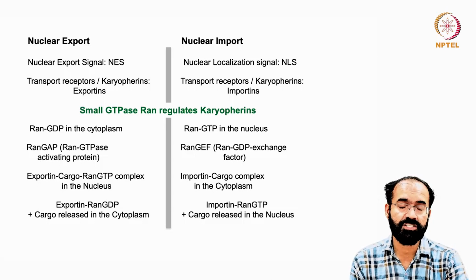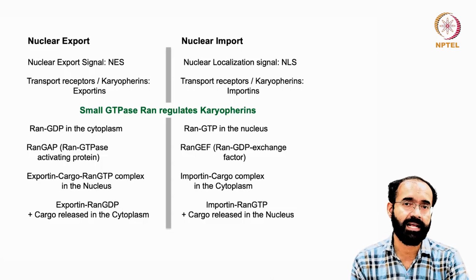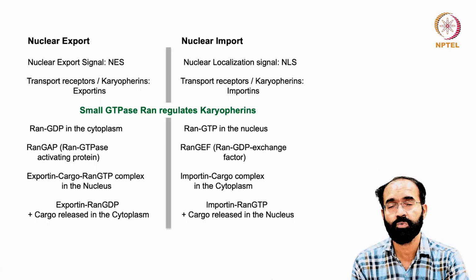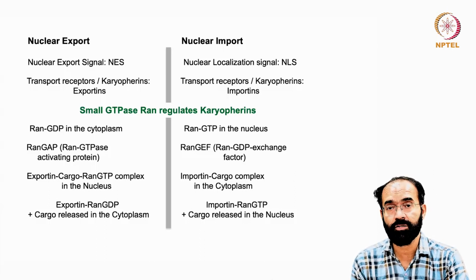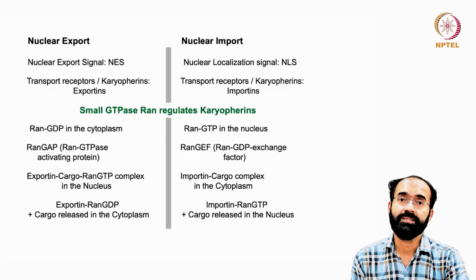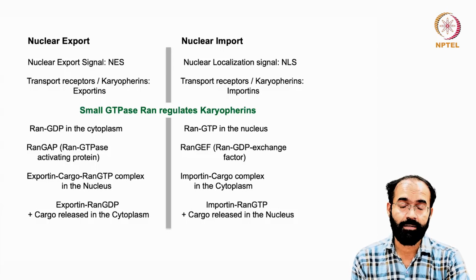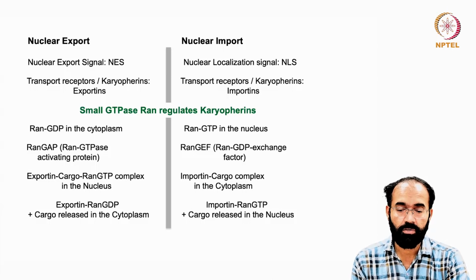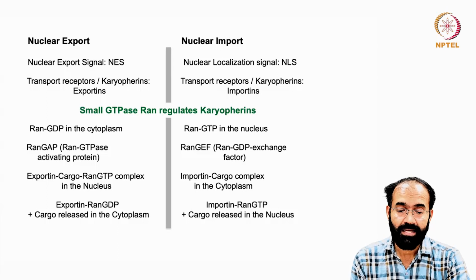Now we are talking about a situation where the RNA that arrived in the cytoplasm, like snRNA, as we have seen, comes from the nucleus to the cytoplasm in the form of snRNP, and it undergoes further processing so that this snRNP can go back to the nucleus, because splicing happens in the nucleus, so it needs to be available there. In such a scenario, the RNA cargo must go back into the nucleus, and so what happens?